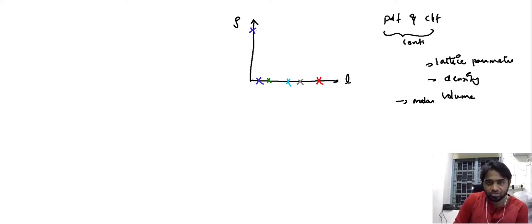You have a scale that is presented vertically, and based on the values you are positioning your alloys. The blue alloy assumes the maximum density and the red one assumes the least density.